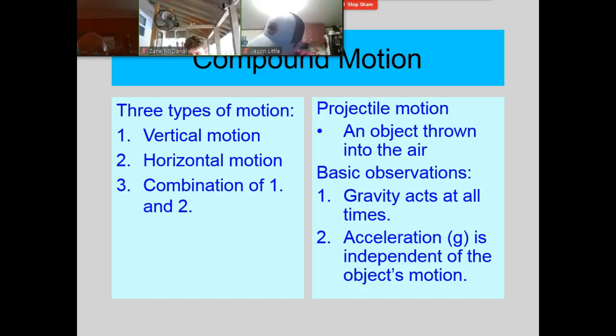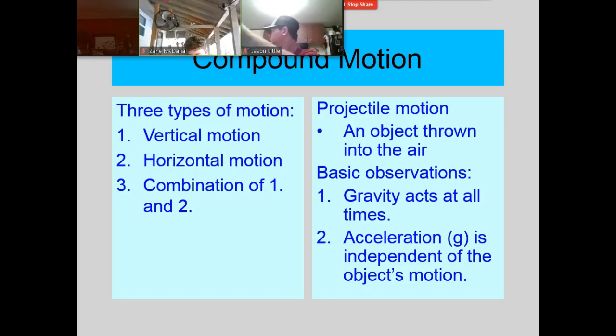Okay, it's a combination of horizontal and vertical motion. Now, sometimes we call this projectile motion, because this comes from military application, firing a projectile at an enemy, say. You're going to fire it into an arc.